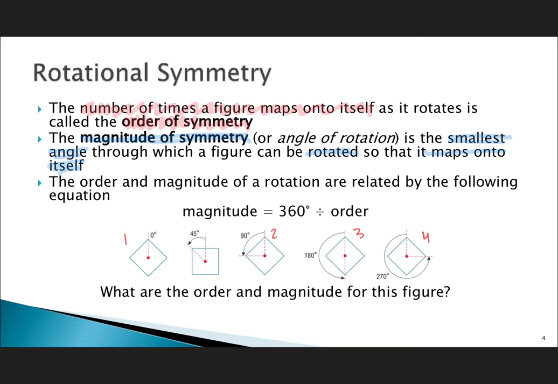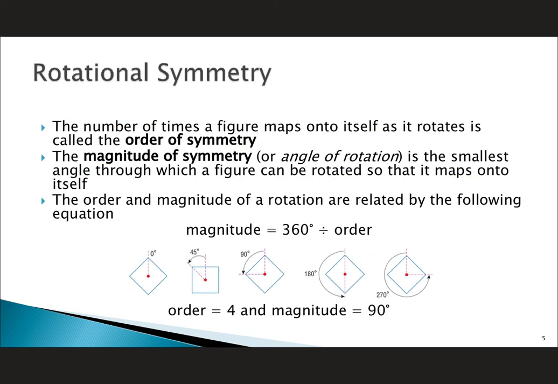How many times does the figure map onto itself? In our case, it maps onto itself 4 times. So it's 360 divided by 4, which ends up being 90. And as you can tell in the next slide, it does. The order is 4, and the magnitude is 90.